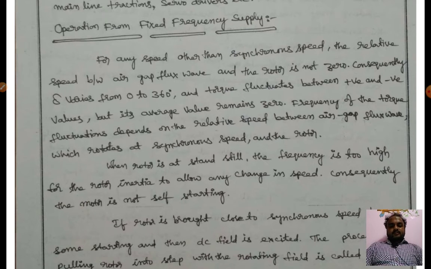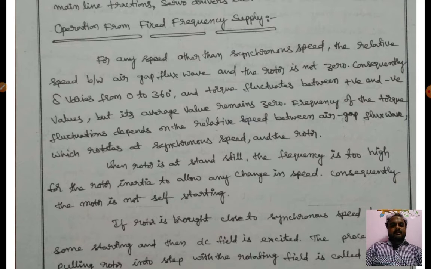The first topic is operation from a fixed frequency supply. Here the motor always runs at constant speed. For any speed other than synchronous speed, the relative speed between the air gap flux wave and the rotor is not zero.